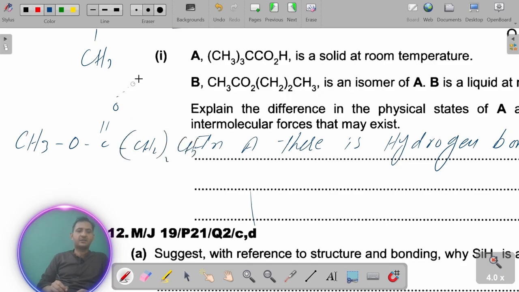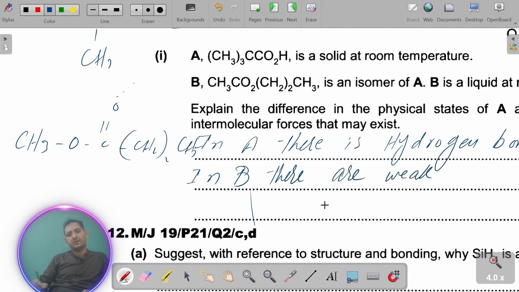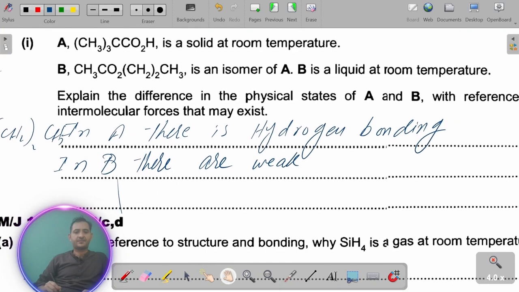So here there are just induced, temporary dipoles. That is the actual basic reason: in B there are only weak van der Waals forces.